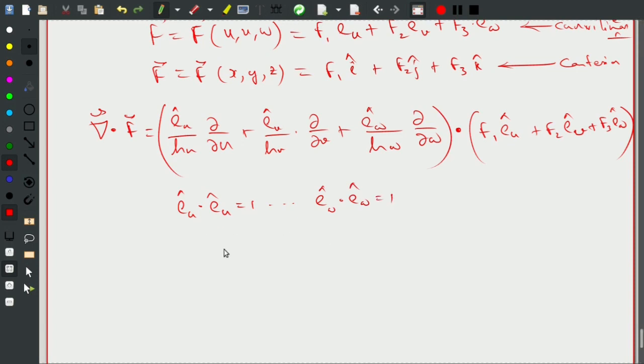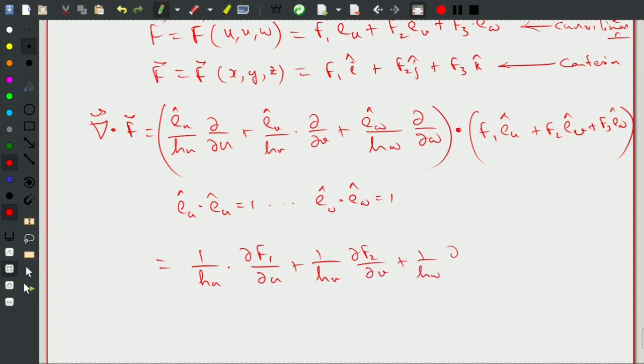Therefore, if we make the dot product, we have 1 by hu dou f1 divided by dou u plus 1 by hv dou f2 by dou v plus 1 by hw dou f3 by dou w. This is our divergence.